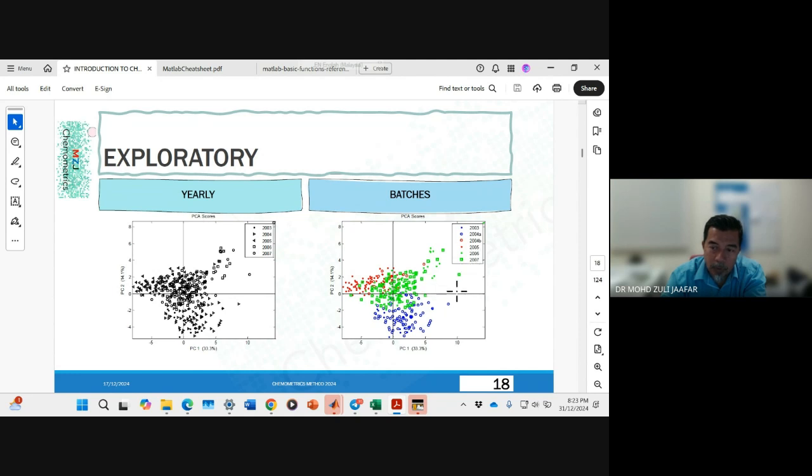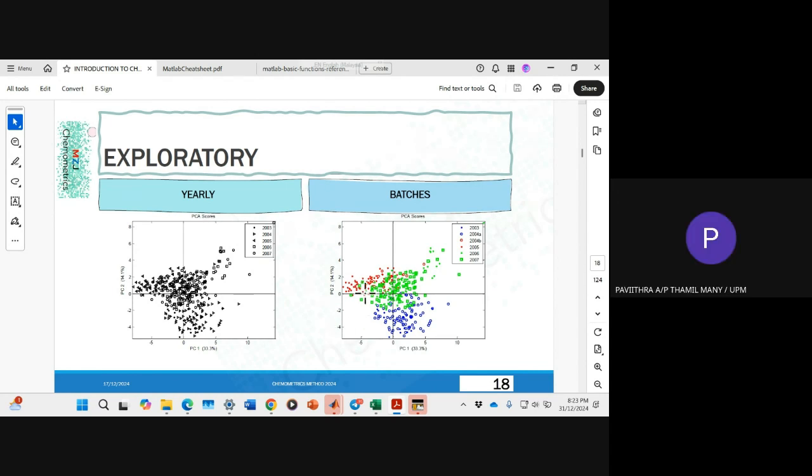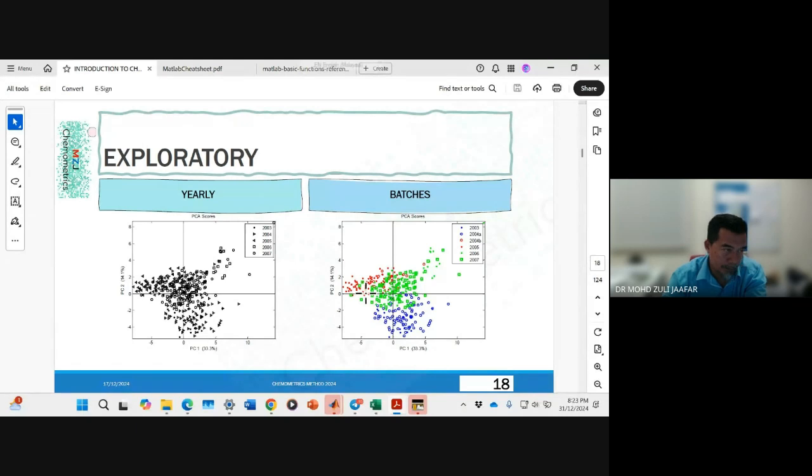So I put the color based on batches. Now you can see quite clearly that they are distinctively different because of batches, not because of the years. This is what we call exploratory. We can explore, we can try to look at the data. Is there any cluster, is there any group present in the data set?